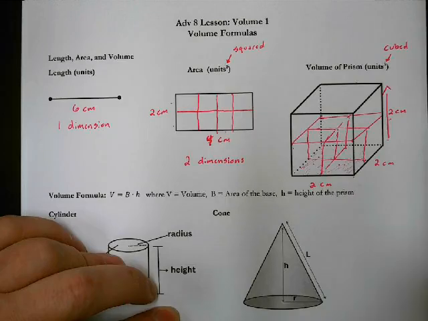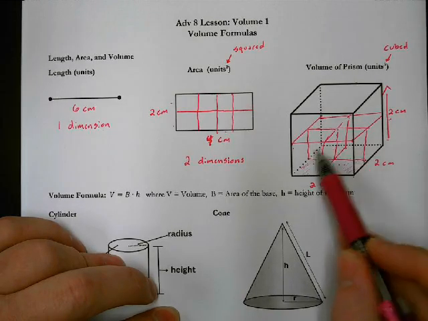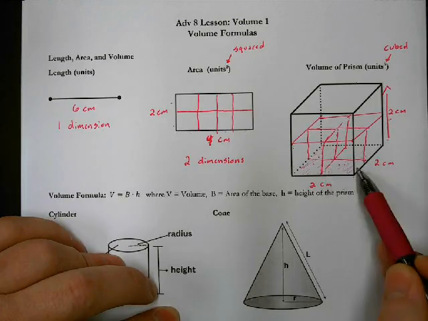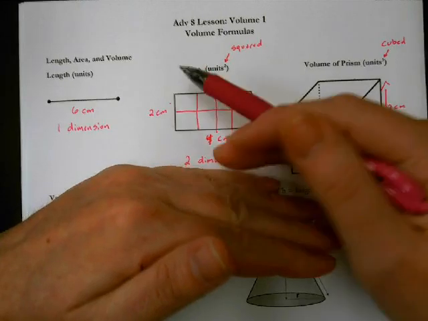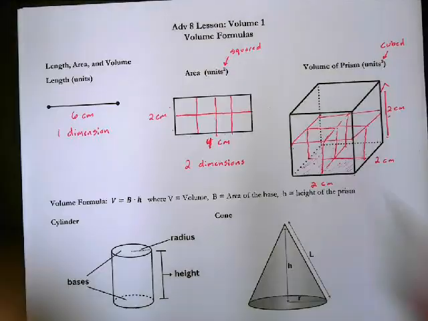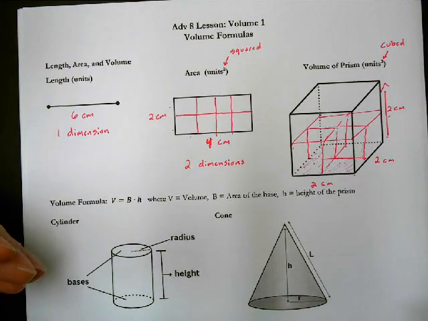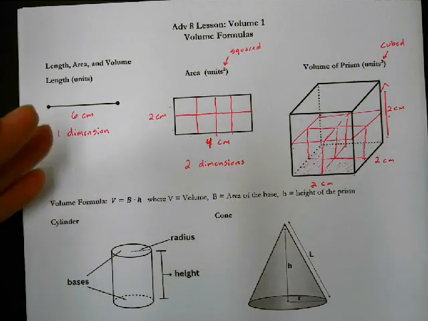But the reason why the formula works is because we're taking the area of the base, and then we use the height to stack that base on top of each other, one after another. We just keep on stacking it. And that's what the volume is: tracking how many cubes we can fit inside of our shape.